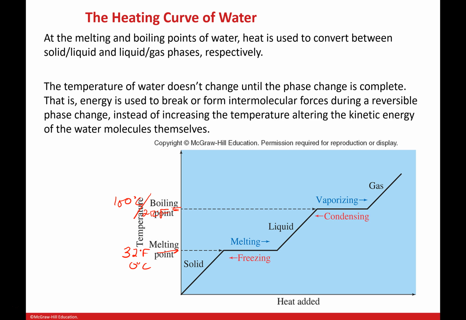Jot that down. Fahrenheit is equal to the temperature in degrees Celsius times 9/5 plus 32.